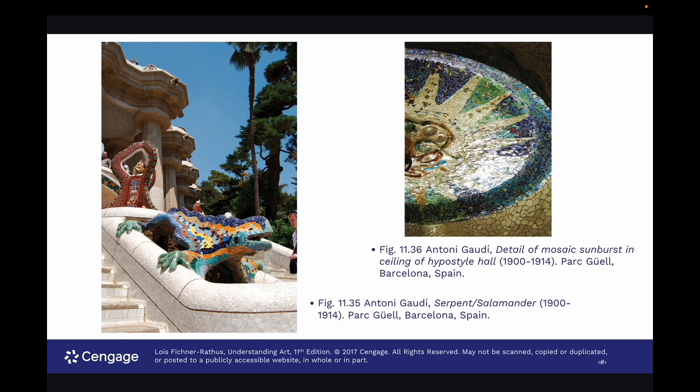Eventually, the project didn't get finished, but Antoni Gaudi was the architect that had designed all of these public sculptures. So there's sculptures, there's benches, there's walkways, there's this example of a mosaic in the ceiling in this particular walkway. Now this place that it is in is called Parkway.